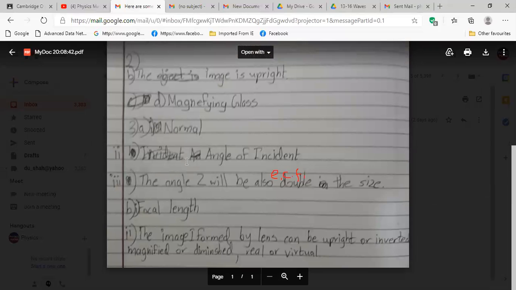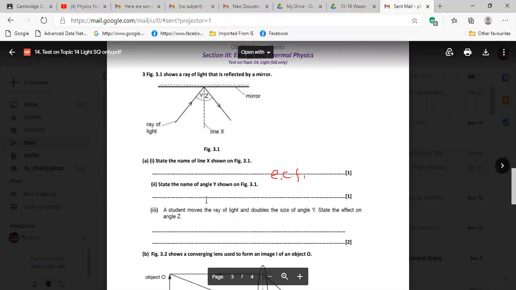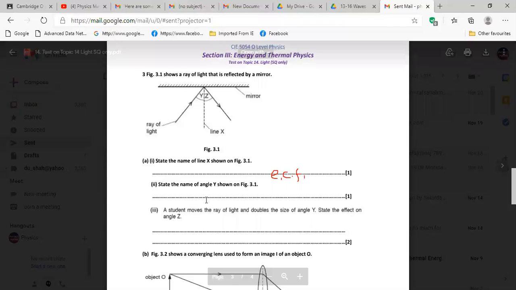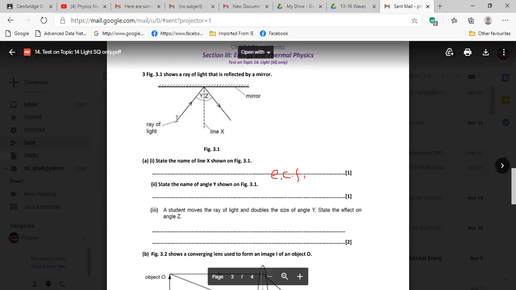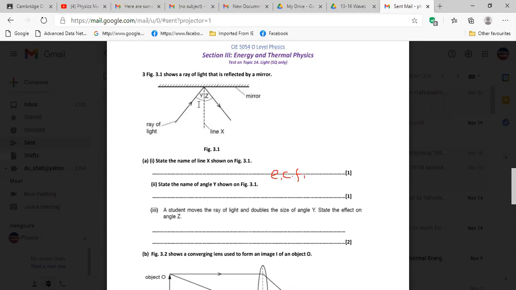Now, next one. A student moves the ray of light and doubles the size of angle Y. So if it is, for example, maybe 40 degree, Y. If it is double, then what will be the value? 80 degree, right?